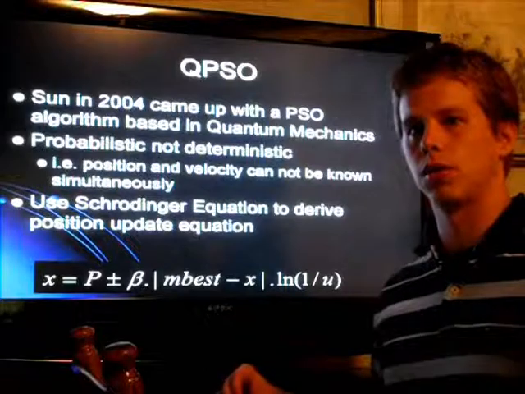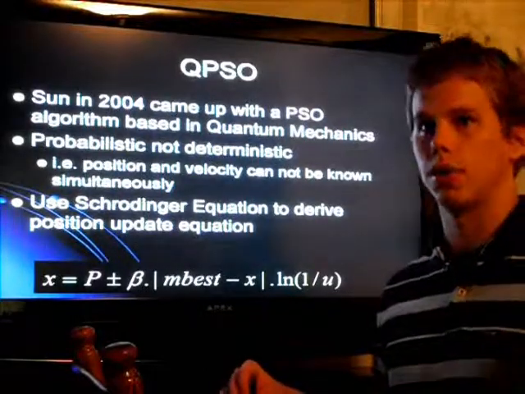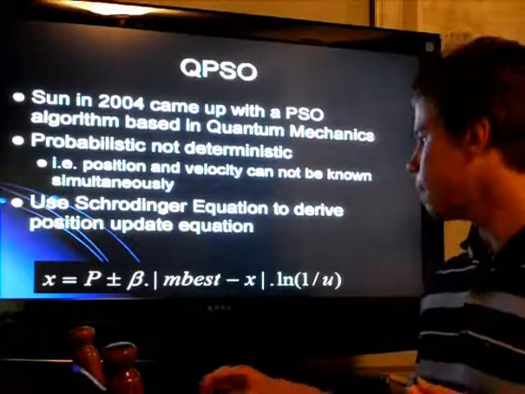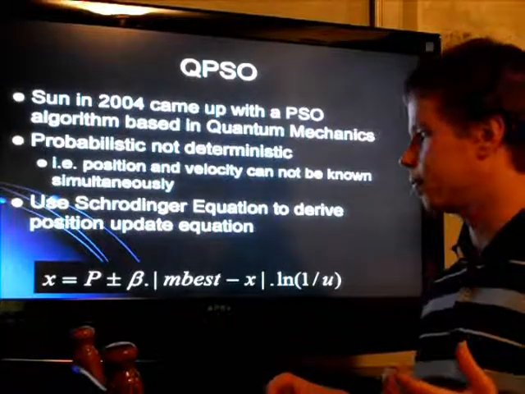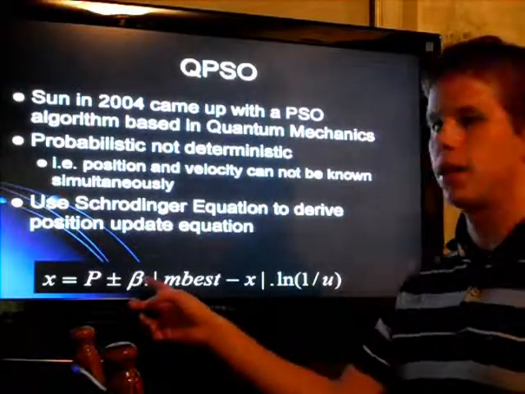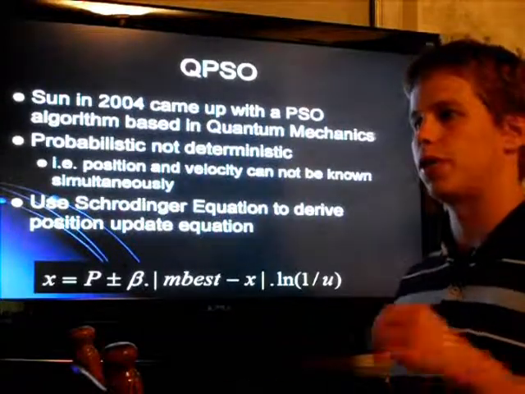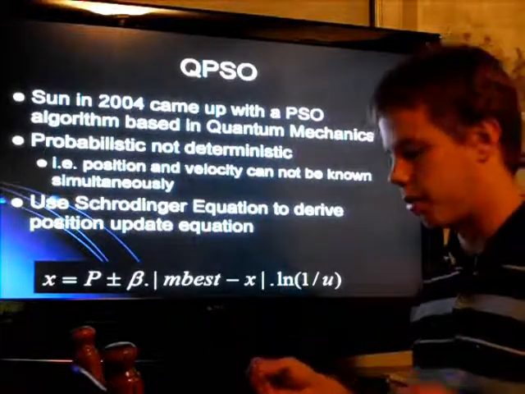So each particle, whatever value they have for that particular dimension, you add all those up, you divide, and then that would give you the mean for each dimension. And then this U is just a random number between 0 and 1. So all that leaves is the beta, which is called the creativity coefficient, and you can scale this up or down to decide how much effect you want the QPSO to have.